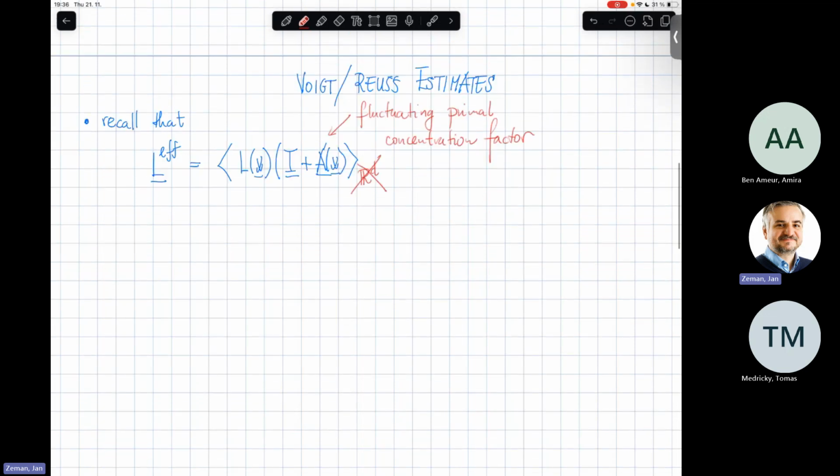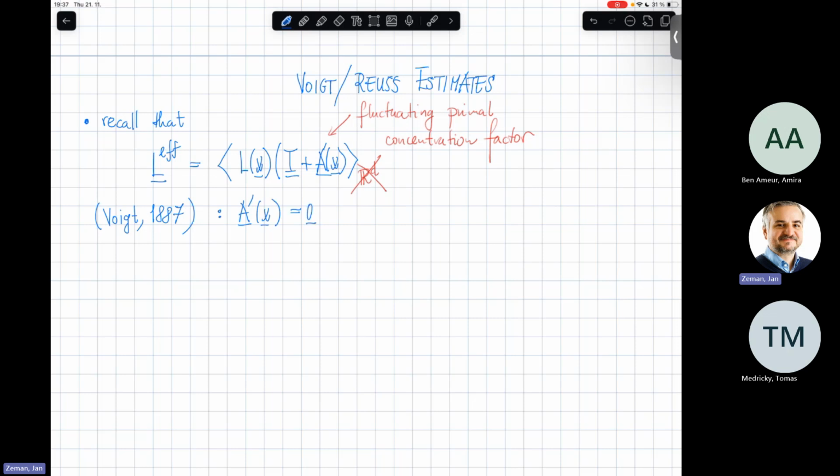So what Mr. Voigt did in 1887 was a very bold assumption of saying, in the terminology I have just built through the course, that there are no fluctuations because of microstructure.